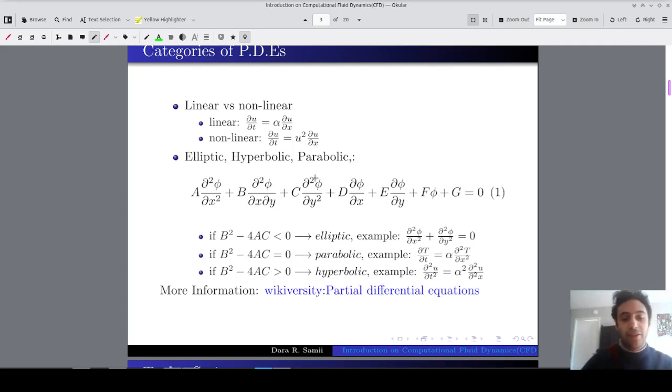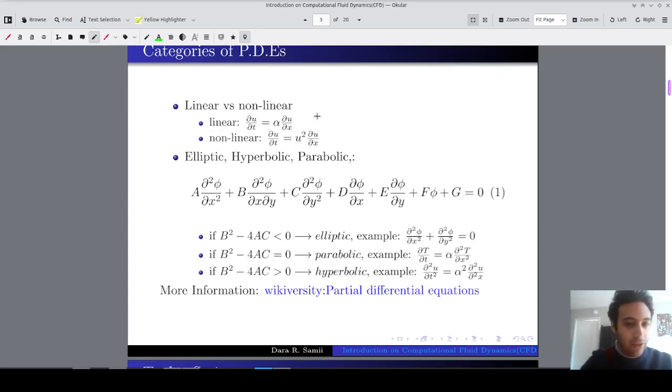The difference between linear and nonlinear is this: if you think that t and x are independent variables, u is dependent on t and x. If our differential equation contains terms of u powered or some functions of u, which is a dependent variable, that equation will be considered nonlinear.